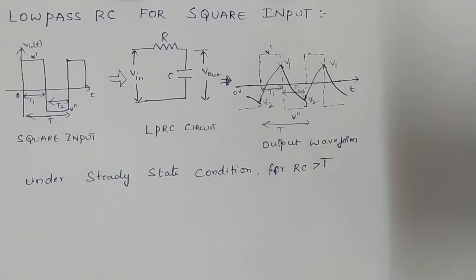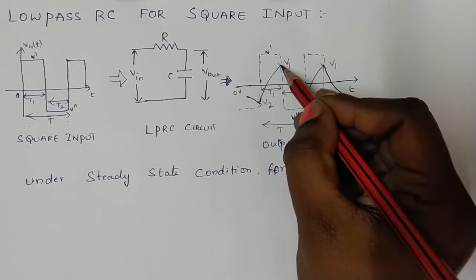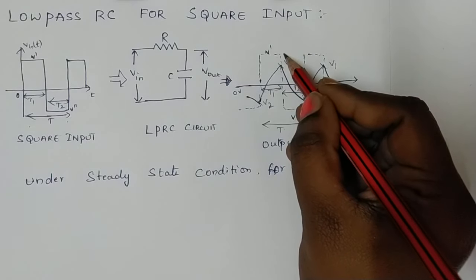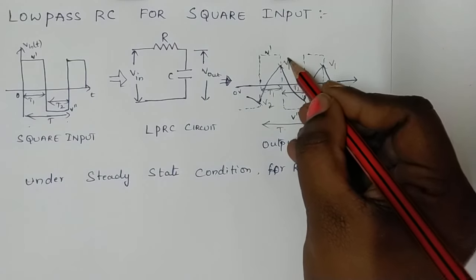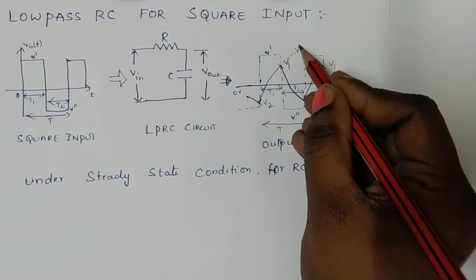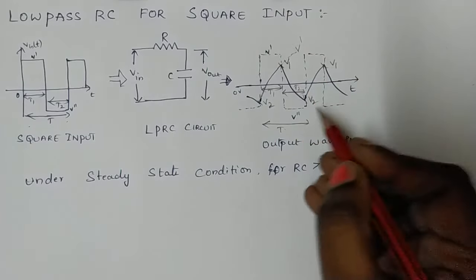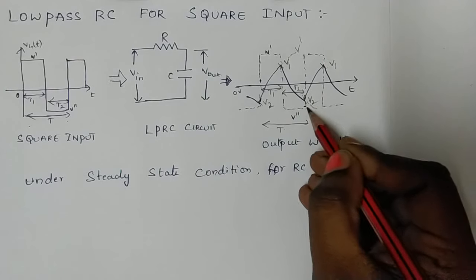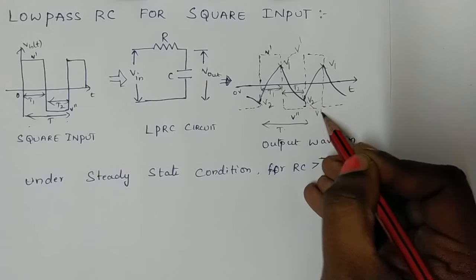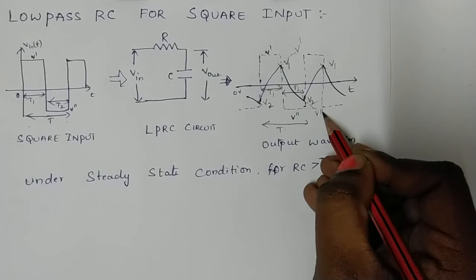The capacitor is charged up to here, but it has to charge up to this point. I am labeling it as V dash, and it has to discharge up to this maximum level, which I am labeling as V double dash.